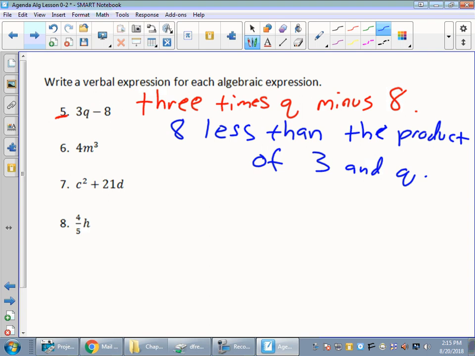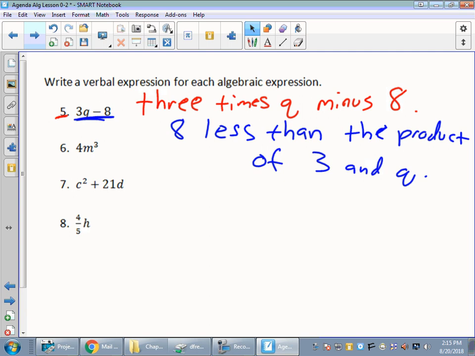So you can write that two different ways. It's the same answer. 3 times q minus 8 is still that expression. Or you could write it differently because it's subtraction. There's different ways. 8 less than the product of 3 and q. So there's multiple ways to get the correct answer here by writing it out in words.